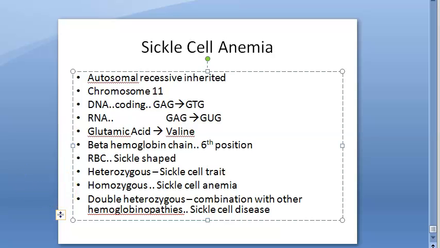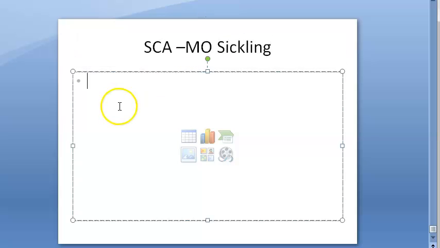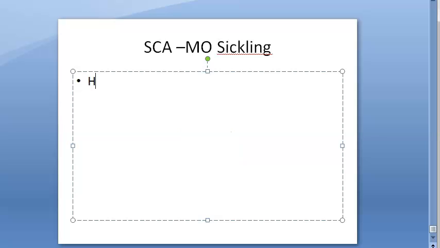What else should you know here? Why exactly the sickling happens. Now, the mechanism of sickling. During deoxygenation, the red cell containing this special hemoglobin, called sickle hemoglobin, changes from a biconcave disc shape to an elongated crescent shape.